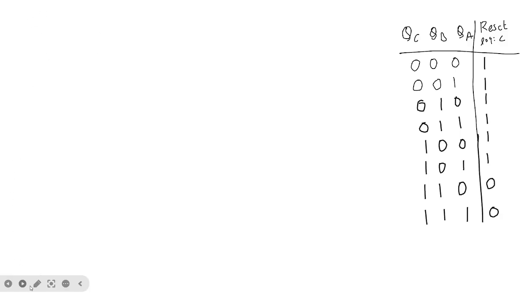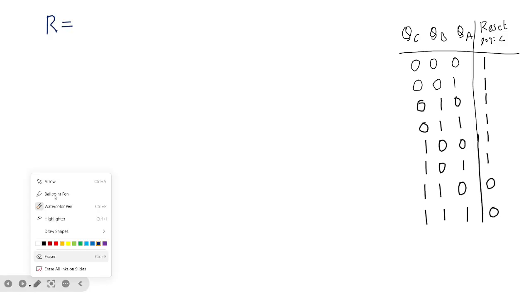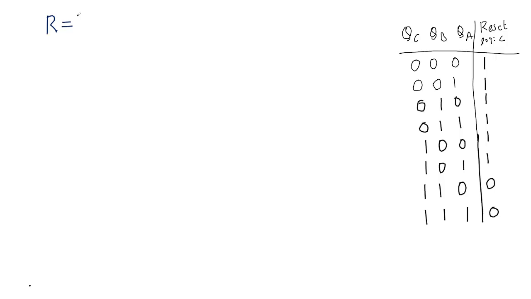So what is my reset logic? Tell me. Reset logic, summation of m of, tell me the minterms, 0 to 5. So you need to draw the 3 variable map.